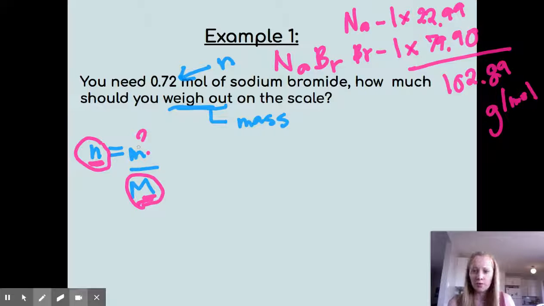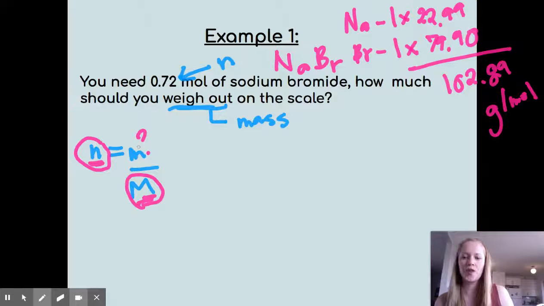There are a couple of different ways you can do this. I have some people who like to rearrange the formula first and then calculate, and others who like to put the numbers in and apply their algebra skills. I'm going to show you both for both examples I do, and you can pick the one you prefer. You do not have to do them both ways.